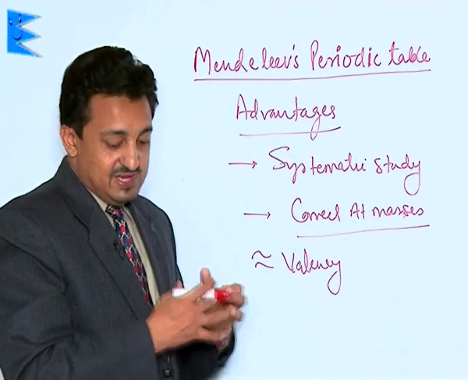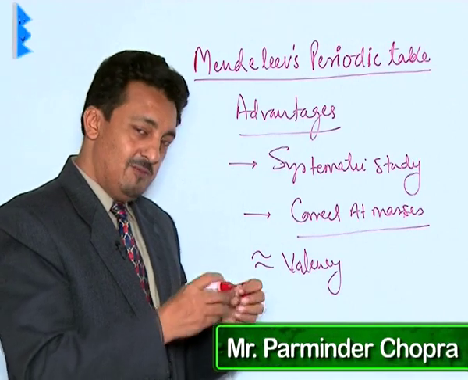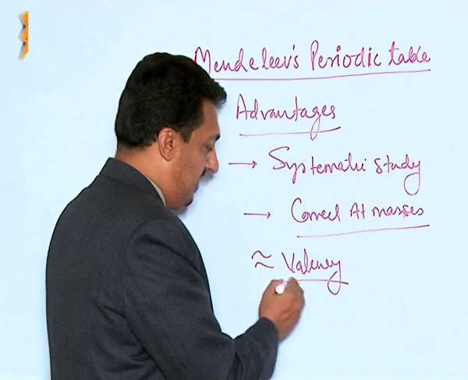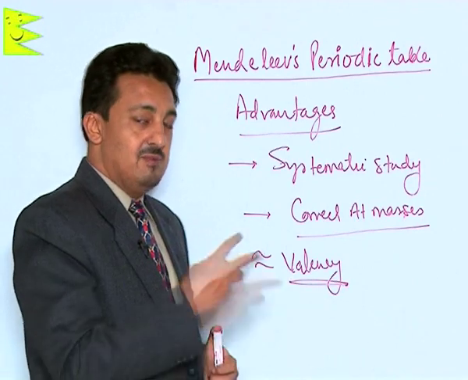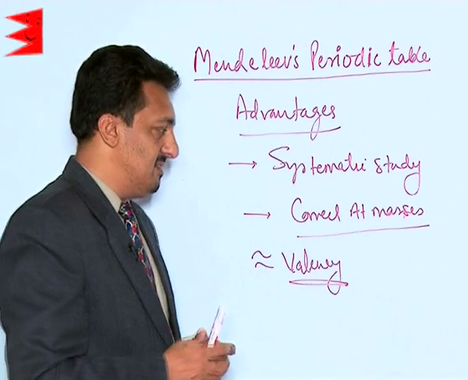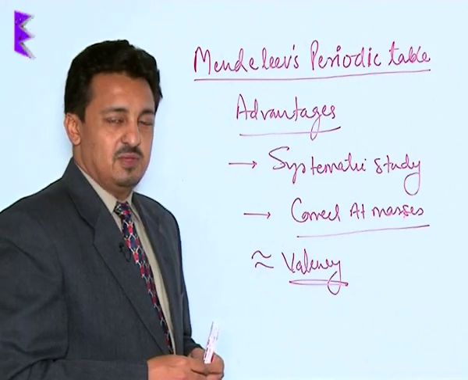His basic idea of classifying the elements was based on valency. That is why, with the help of valency and the equivalent mass, we were able to find out the exact atomic masses. That was the other biggest advantage of Mendeleev's periodic table.